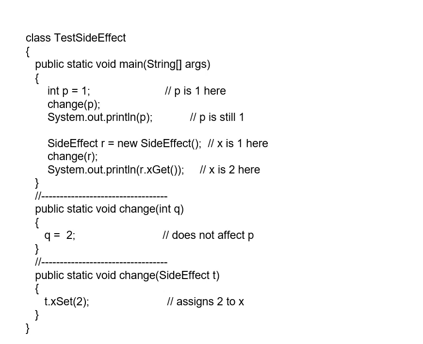So you have to specify which side effect object. You have to qualify it with the pointer. So we are going to change, by calling xset, the x instance variable in the object to which T points to 2.